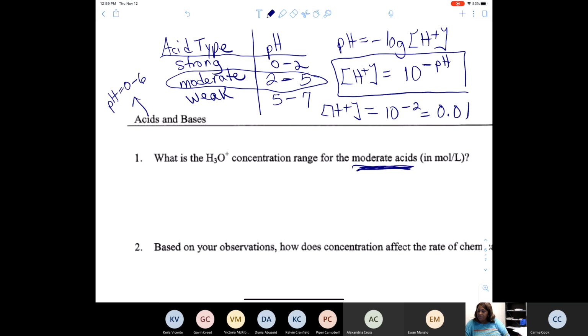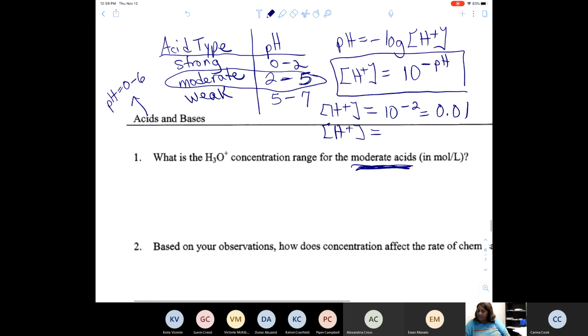And then for the end of the range, 5, the concentration of H plus is going to be 10 to the negative 5. So again, I go to my calculator.